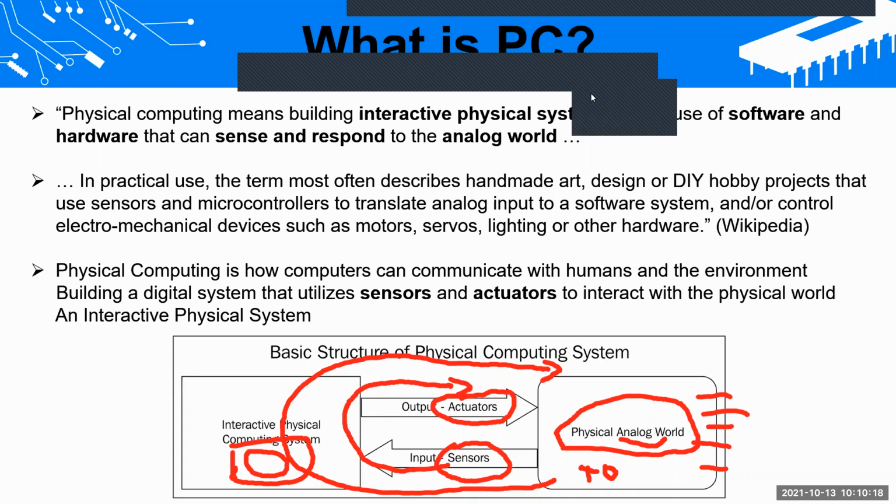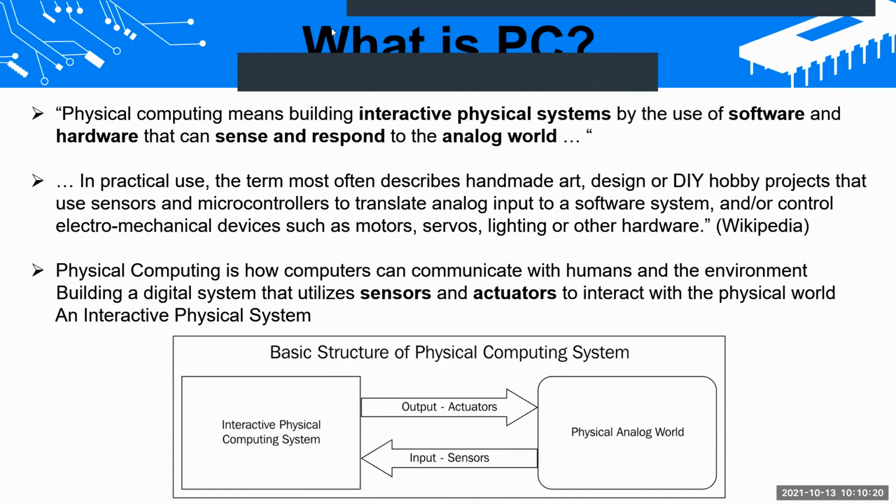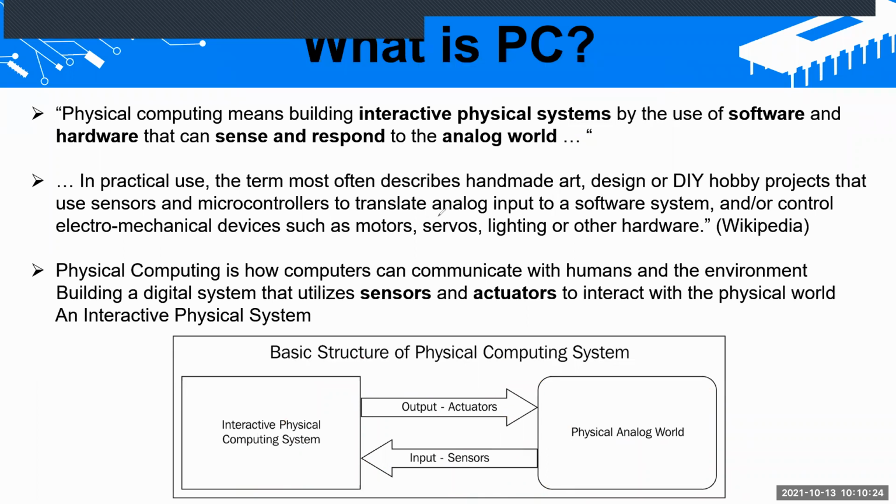That is physical computing. Finally, at the end of this lecture series, we can build a system that we can touch, a system that can sense the outside world and do some operations and tasks, right?